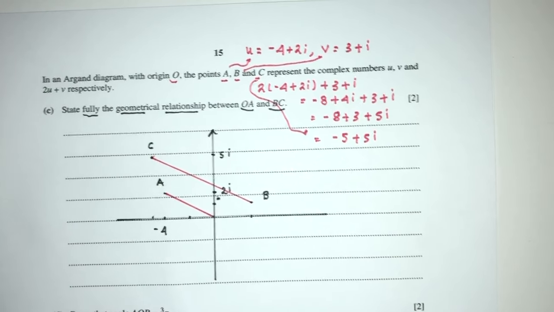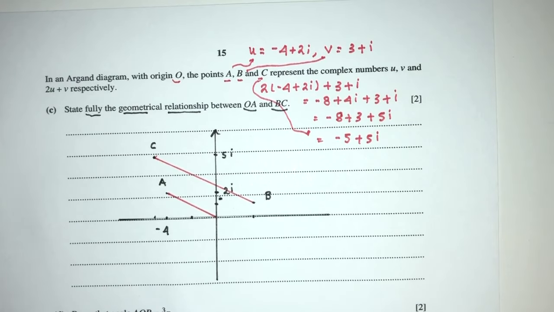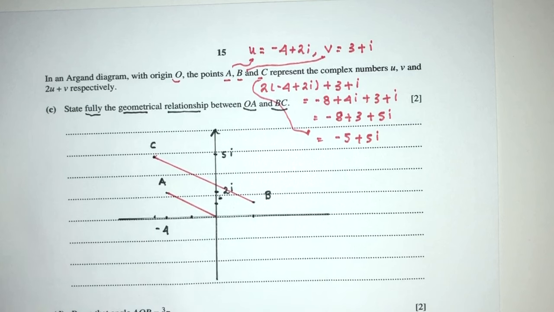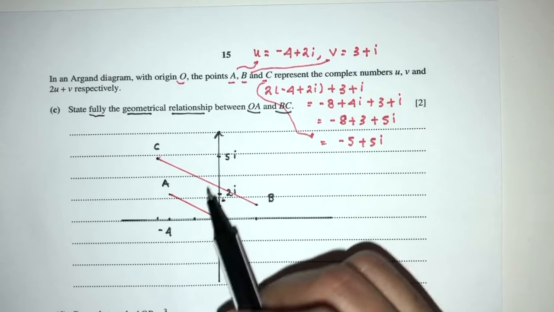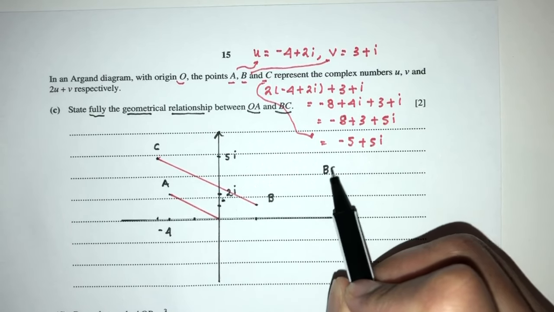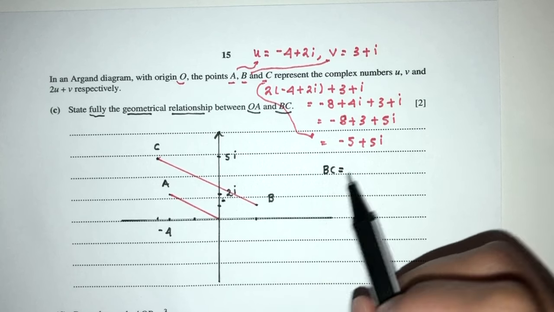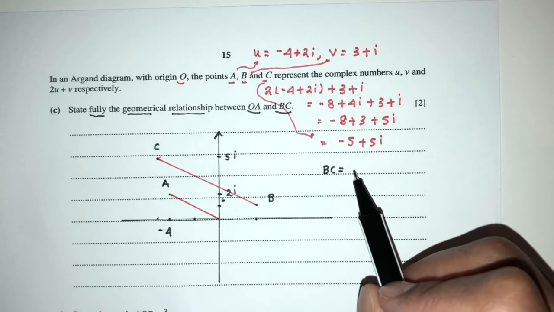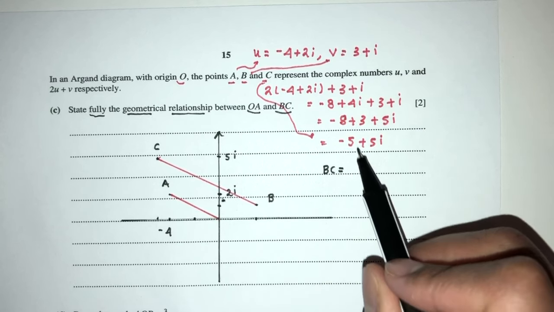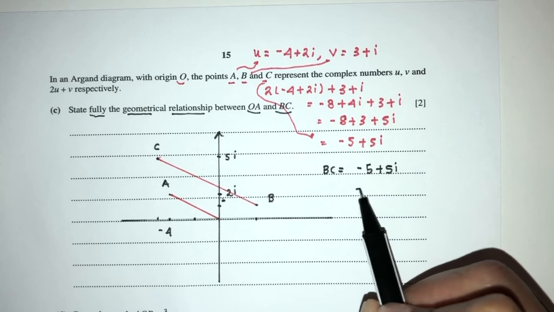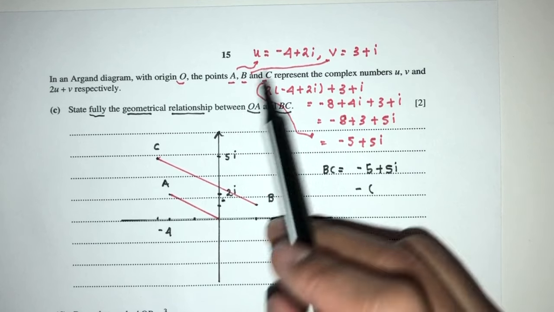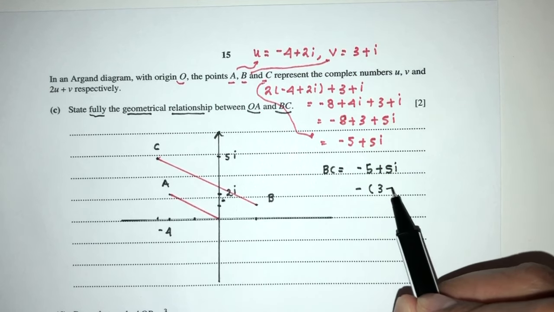Now, what is the first thing that you can realize? It looks kind of parallel. Let's see if that is true or not. What is the direction BC? BC will be OC minus OB. OC is minus 5 plus 5i, minus OB, and OB is 3 plus i.